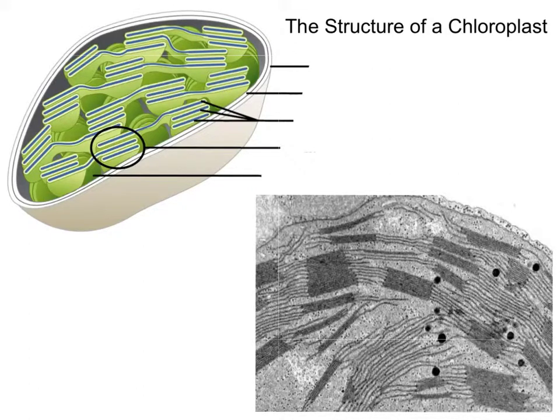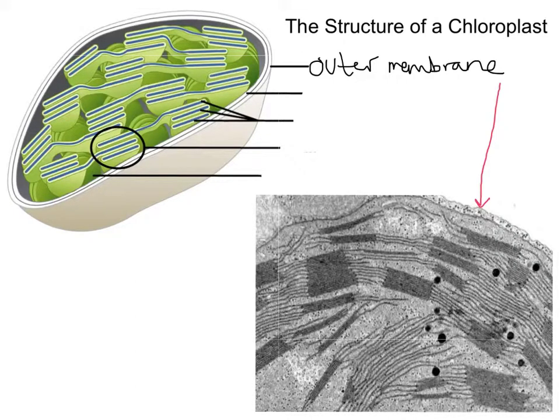Now at the top what we have here is an outer membrane. So we've got an outer membrane there, and if we were to draw that on this picture, the electron micrograph, we're really looking at this part here.